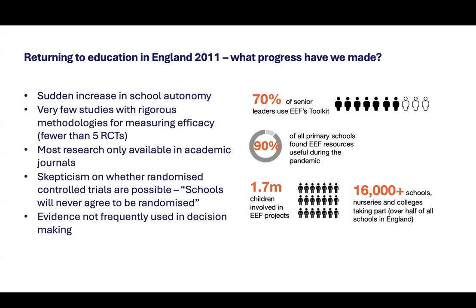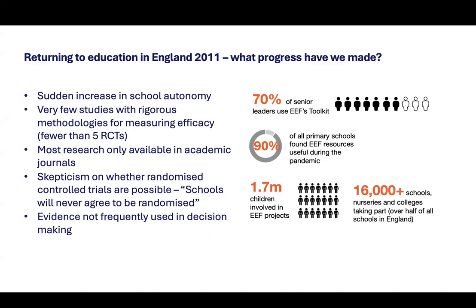So moving from that world in which schools weren't accessing research to 70% of senior leaders using the toolkit directly, moving from a world in which academic research was not appealing, it was hidden behind paywalls, to a world in which, in the pandemic, 90% of primary schools reported finding EEF resources useful based on government survey data. That was ahead of any of the other system actors. So it was ahead of the government guidance on how to respond to the pandemic.